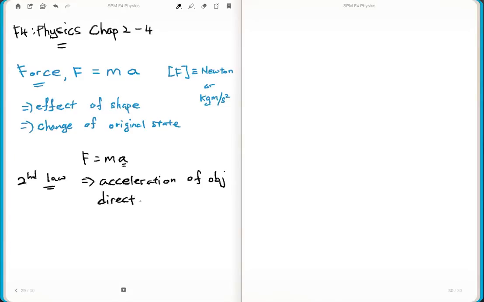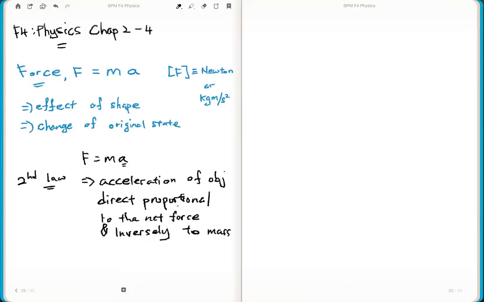From this equation, you can see the acceleration of an object is directly proportional to the net force. I hope you know what that means by now, because I've gone through the graph in chapter 1. And it is inversely proportional to the mass.